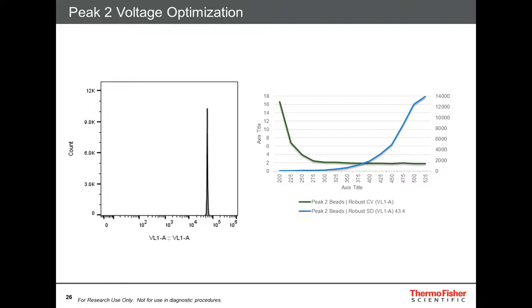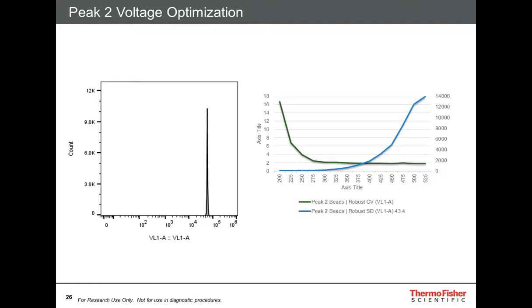I've done this on multiple occasions with multiple machines. I've also run data here, and that suggests that I get a very good signal, and I also get good data here. So the next step that I do in this optimization is I take another hard dyed bead, for example, the Peak 5 bead, and I walk my instrument for all PMTs doing this optimization.